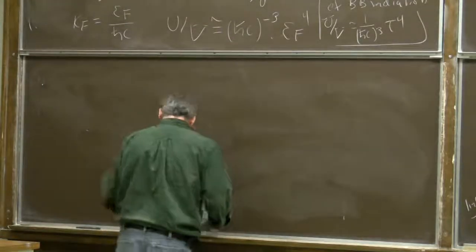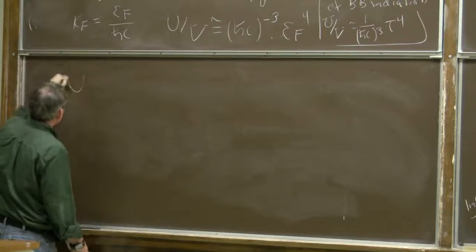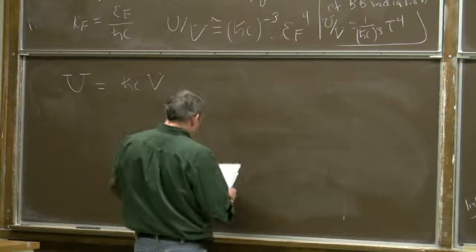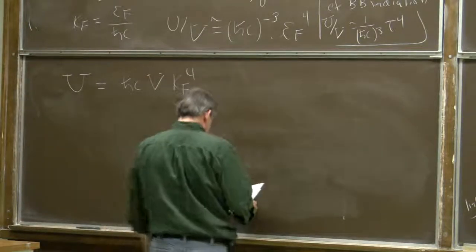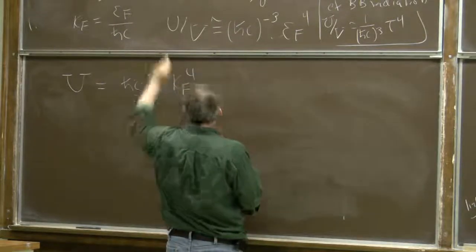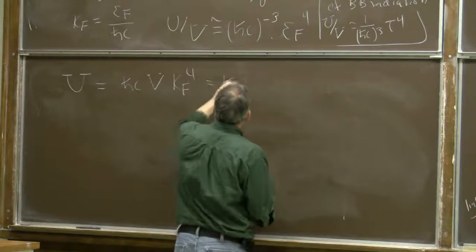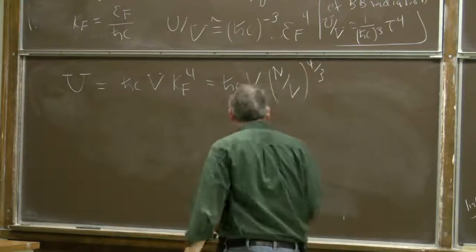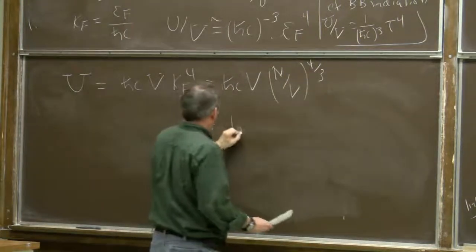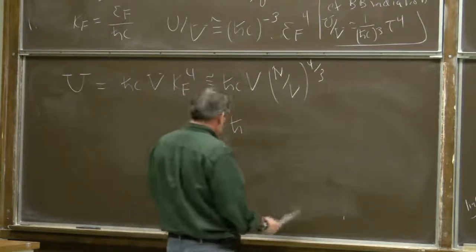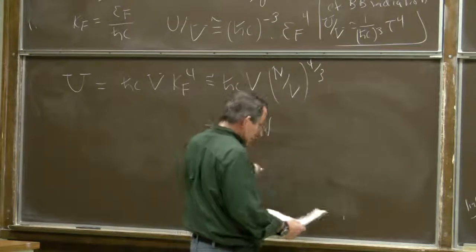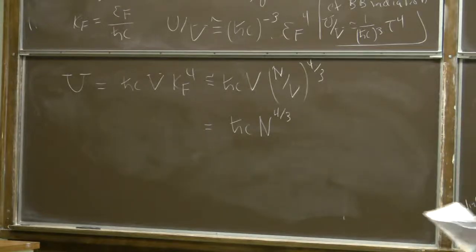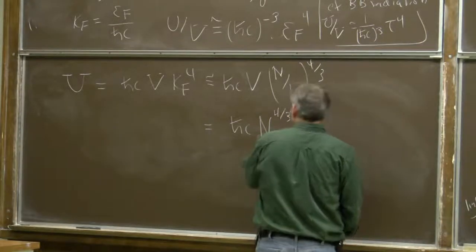So, in other words, the total energy of the gas goes like h bar c times volume times k Fermi to the 4th, and we have k Fermi cubed going like n over v, so it's h bar c times volume n over v to the 4/3, or everything's approximate, h bar c, and then I have n to the 4/3, and volume to the minus 1/3, so it's n to the 4/3 times 1 over r for the kinetic energy.